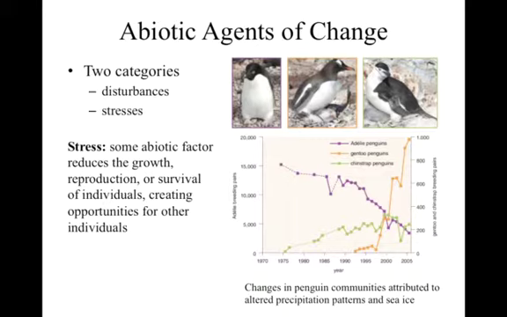They're breeding less, they're having fewer babies when they do breed. They're probably not surviving as long as adults. And so we're seeing that population drop down, and that altered sea ice and altered precipitation is a stress for the Adelie population. And as a result of the Adelie population dropping, we're seeing the Gentoo penguins increase rapidly in abundance, and they're actually aided by the sea ice changes.